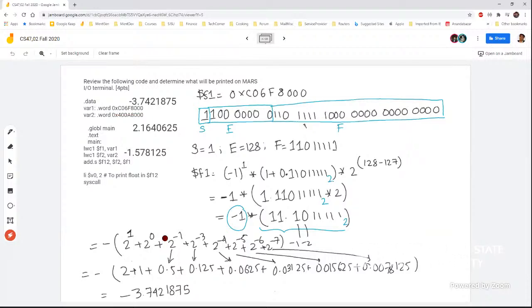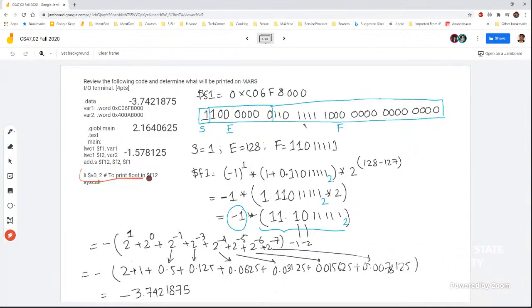The command LWC1 basically reads from this memory location and gets that complete word into F1, and reads from var2 into F2. So practically F1 and F2 are loaded with this pattern, and then we are adding them, F1 and F2, and putting the result in F12.